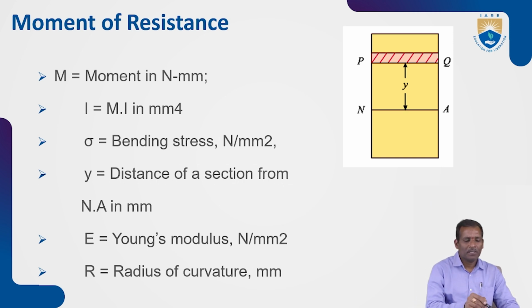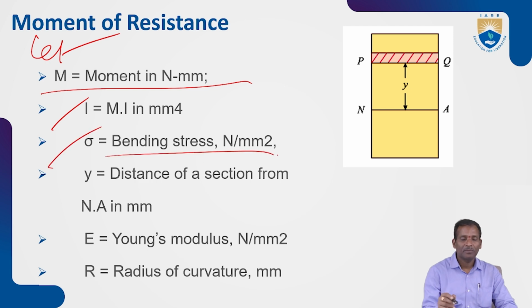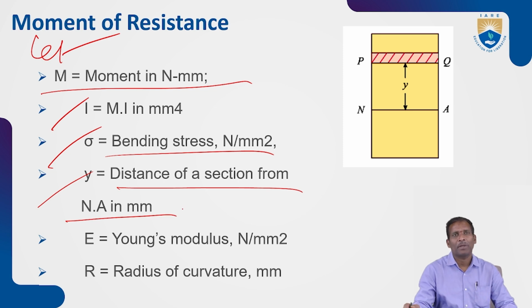So the moment of resistance is M, in Newton mm. I is the moment of inertia in mm to the power of 4, sigma is the bending stress in Newton per mm square, and y is the distance of a section from the neutral axis in mm.